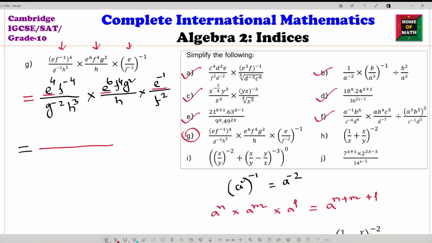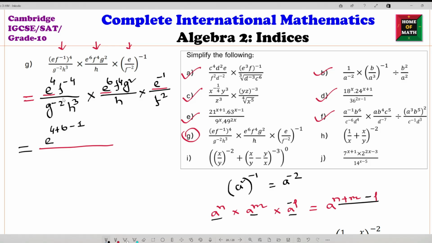In case l becomes minus, that time plus becomes minus. Why this one? Because in the law we know once the bases are the same, in a product the powers will be added. So here is E to the power 4 plus 6 minus 1, right?